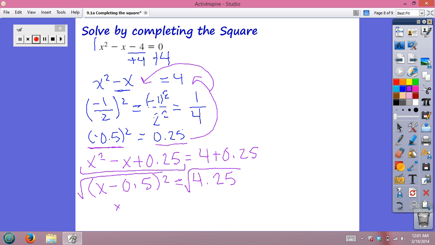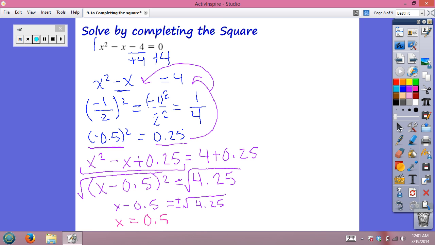Take the square root of both sides. We get x minus 0.5 equals the square root of 4.25 plus or minus. Don't forget the plus or minus sign there. So then we will take negative 0.5 to the other side to get x by itself.